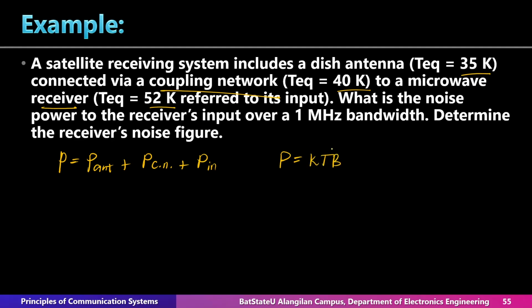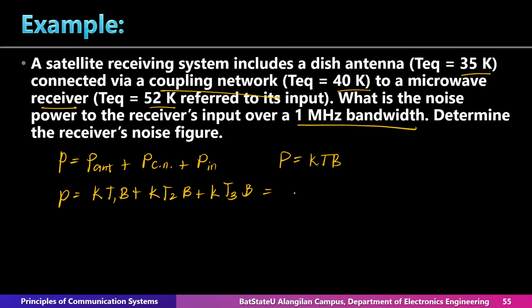So, ang mangyayari, the total power equals K T1 para sa antenna times B. Common naman sila ng bandwidth. Ang sabi dito, 1 MHz yung bandwidth, plus K T2 times the bandwidth plus K T3 times the bandwidth.